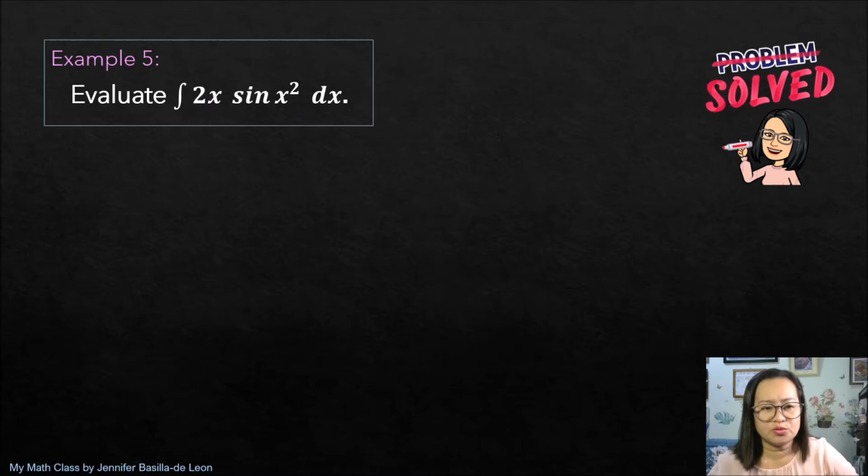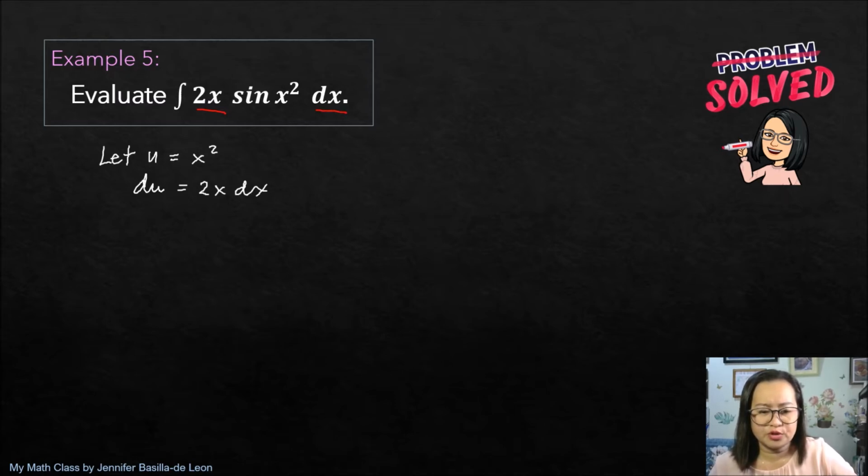So what we do is let u be equal to x squared. Now we get the derivative on both sides, so we will have du equals 2x dx. Now, as you can see, we have 2x dx in the given expression.